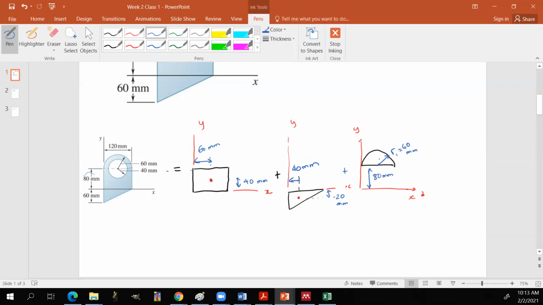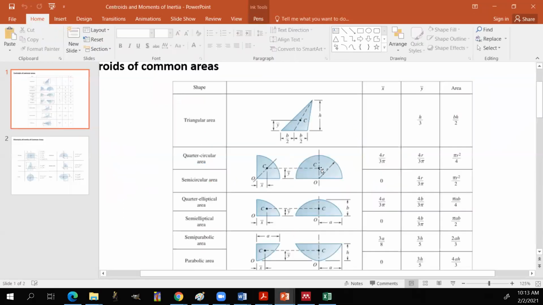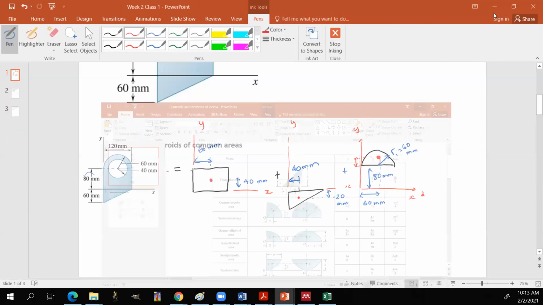Cool. And then this dimension is going to be equal to 60, where the center of the semicircle is. Terrible drawing, guys, but this is the center. Then to find the centroid, you have to go up from the center a certain distance, and that's where the centroid is. So next question is, what is that dimension? Sweat not. We go to our regular shapes, look at the semicircle, and you're told that that height is equal to 4r over 3 pi.